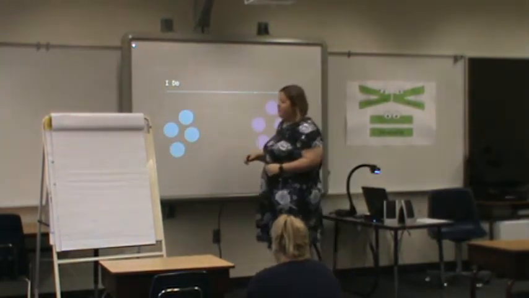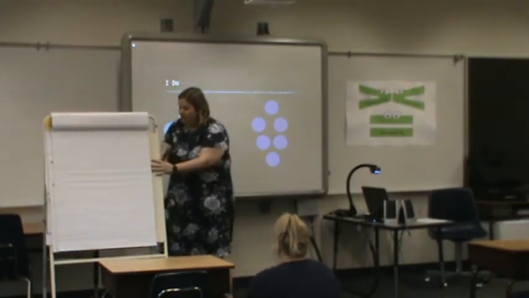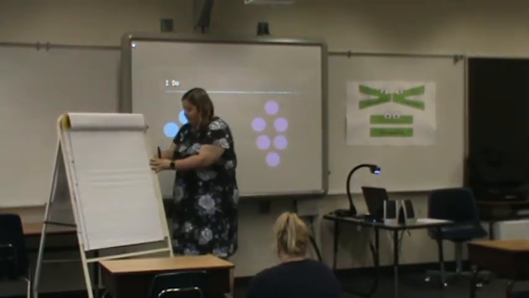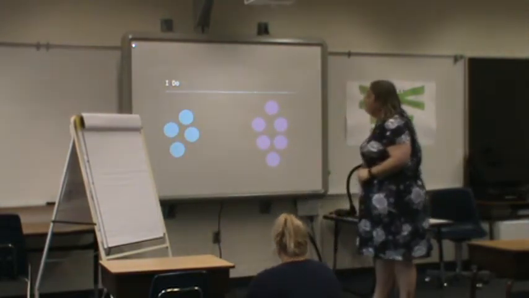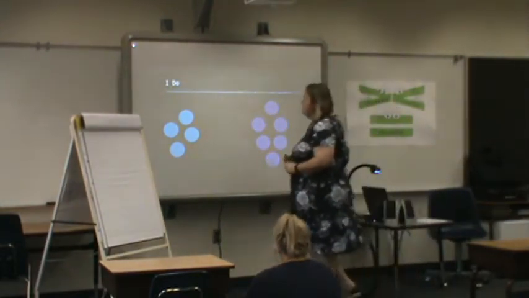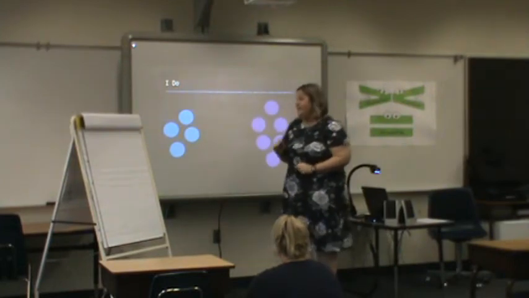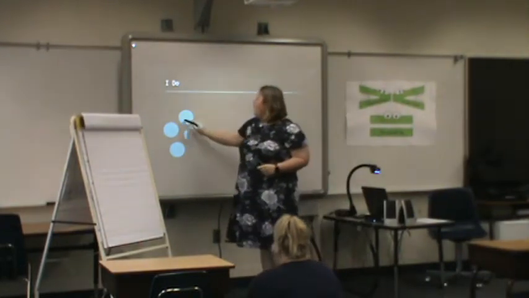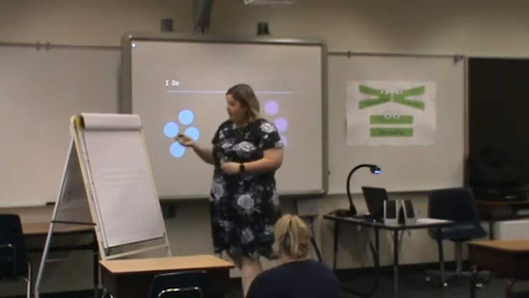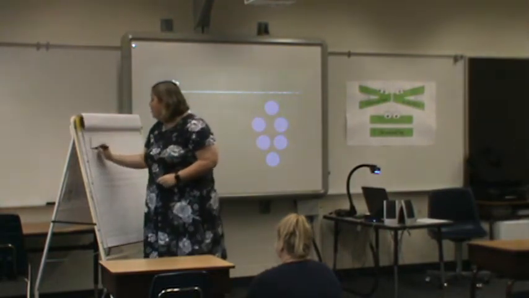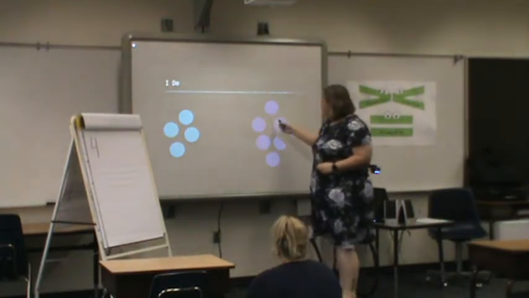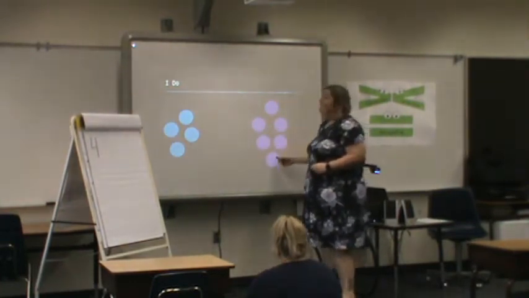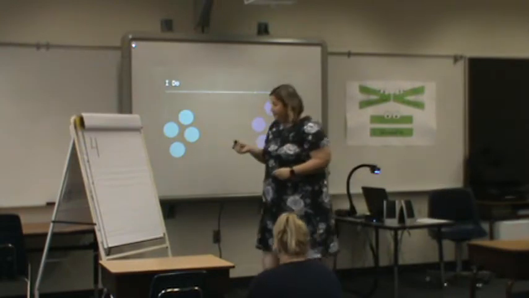So the first thing I'm going to do, I'm going to use my little chart paper to help me do this. I am going to count my objects, and I'm going to have the alligator eat the biggest one. So I have 1, 2, 3, 4. I have 4 blue circles, and I have 1, 2, 3, 4, 5, 6 purple circles.